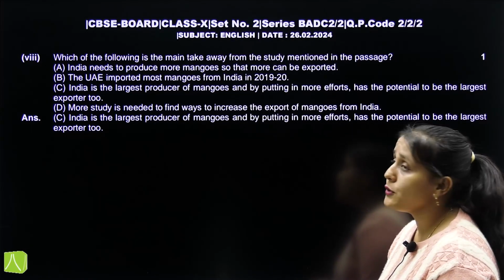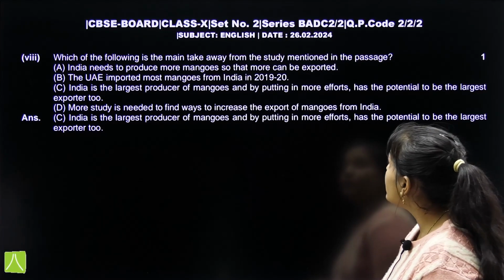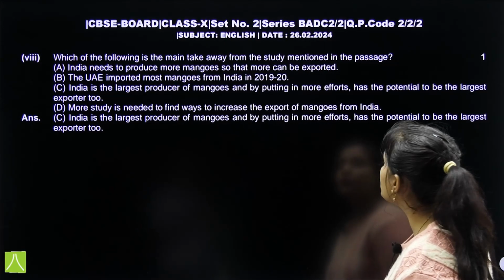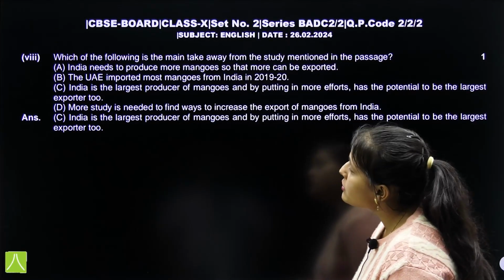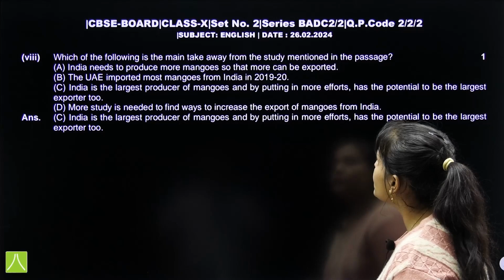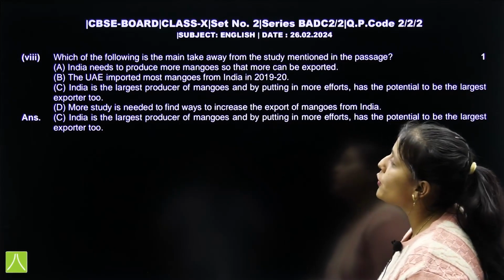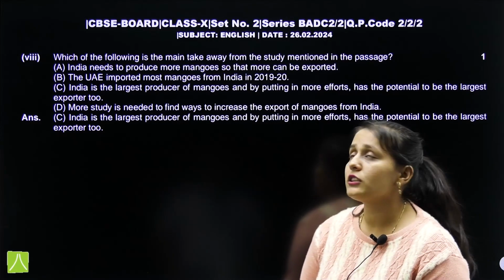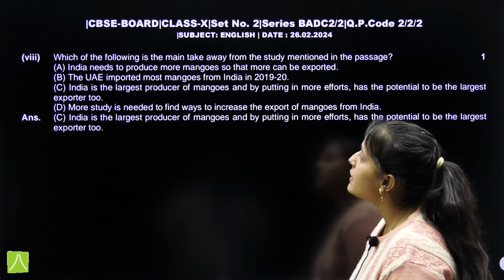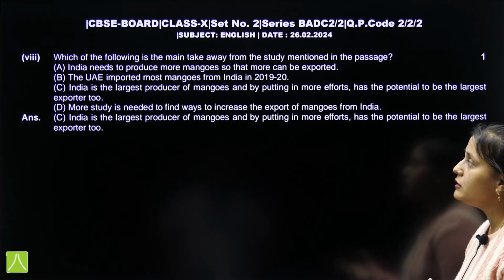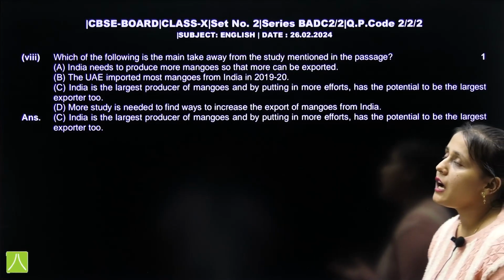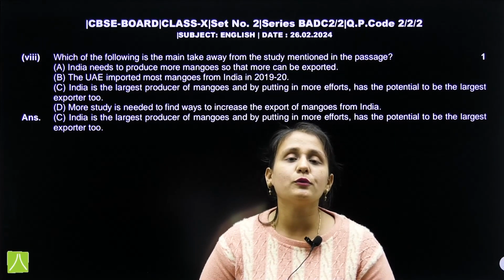Option C, India is the largest producer of mangoes and by putting in more efforts has the potential to be the largest exporter too. Last option is, more study is needed to find ways to increase the export of mangoes from India. So, the correct option for the last question is, India is the largest producer of mangoes as we all know, and by putting in more efforts has the potential to be the largest exporter too if India puts its potential together.